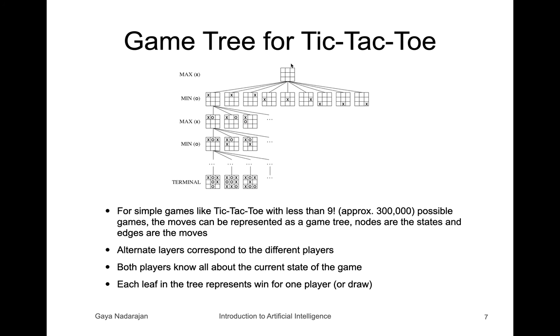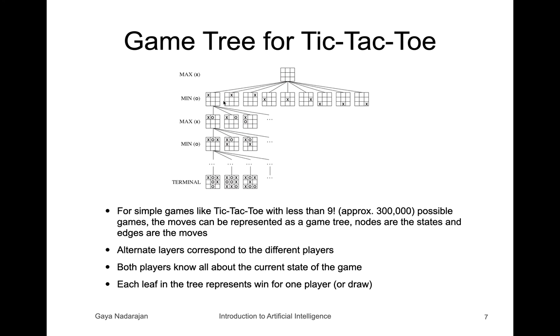So if we look at tic-tac-toe, as we said, this is the initial state with an empty grid. The first player who's going to play is known as Max. Remember we said we have two players, Max and Min. Now Max is going to start playing this game, and let's say Max puts a cross on the board. Because tic-tac-toe has nine legal squares, Max can put it in any one of these 9 squares. Once Max has done this, it's Min's turn.